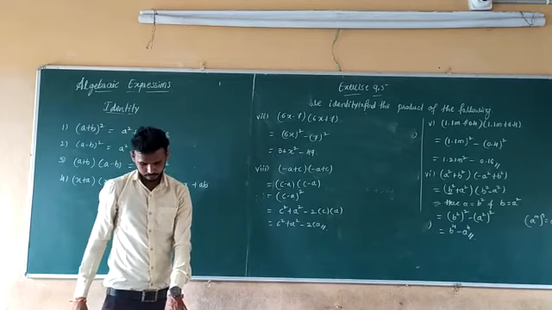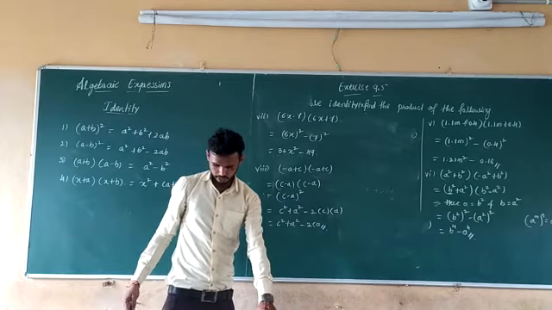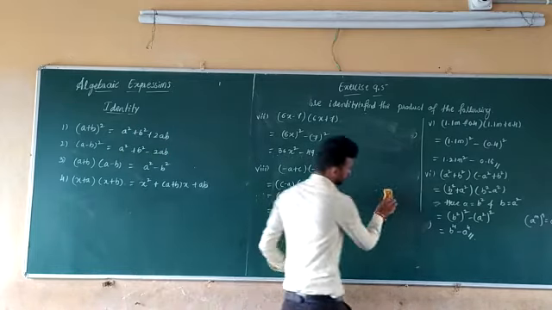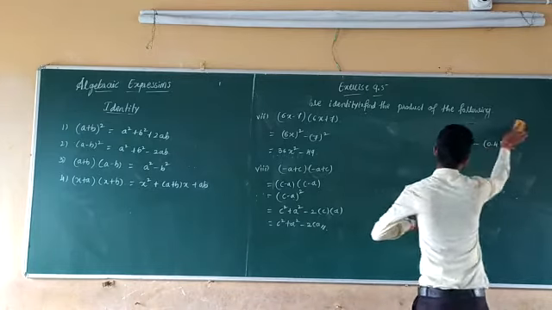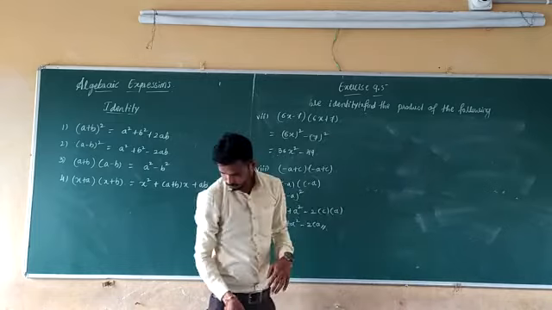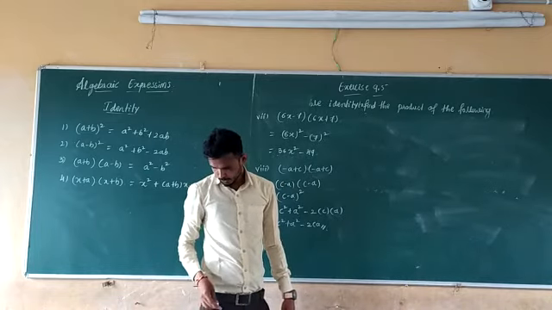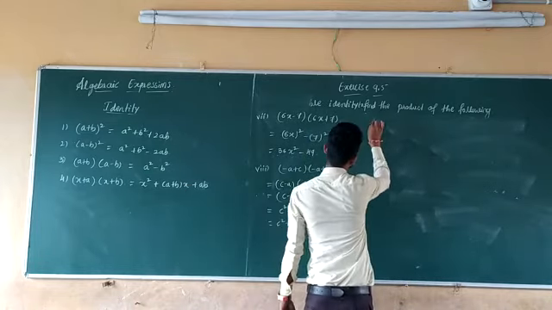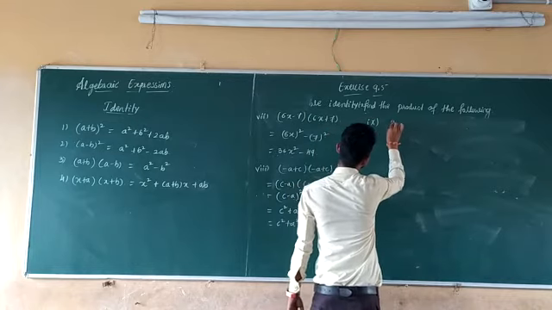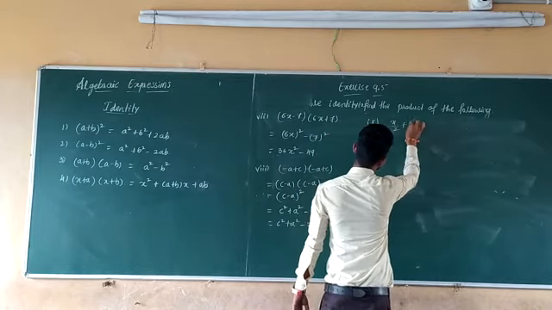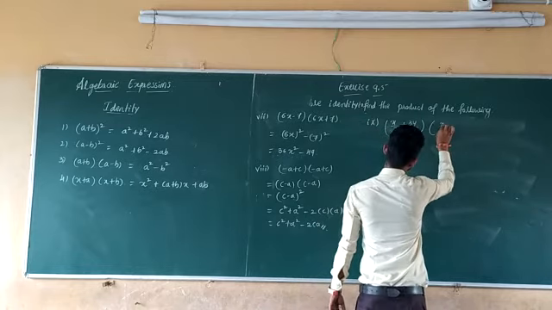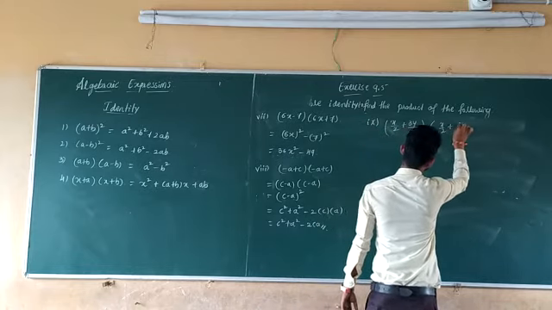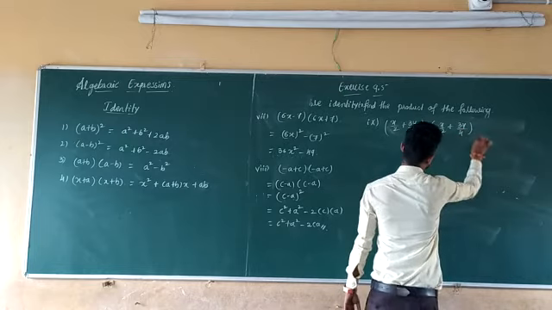Next, ninth question. x by 2 plus 3y by 4 into x by 2 plus 3y by 4.